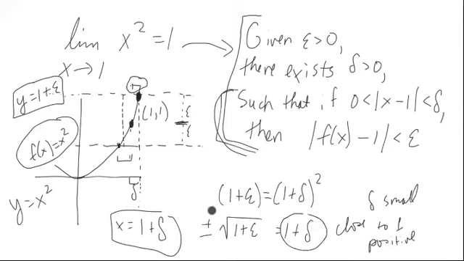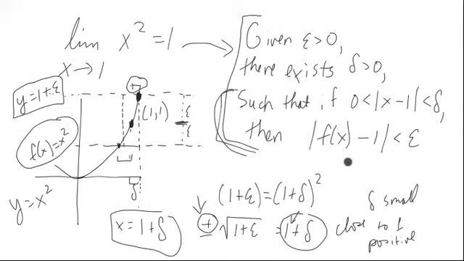So when we take a plus or minus square root, which one to pick? We're going to pick the positive one, because since we're thinking about a limit, we're thinking about how close we can get to 1. So that tells us which square root to take. We take the positive square root, and now we can solve for delta.